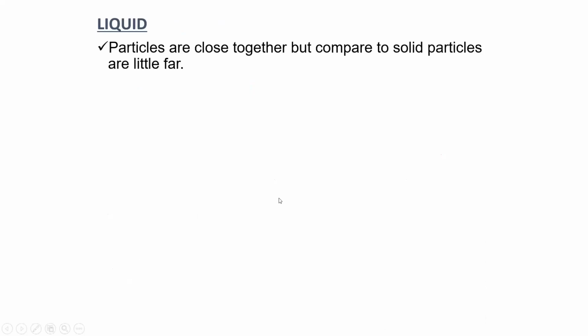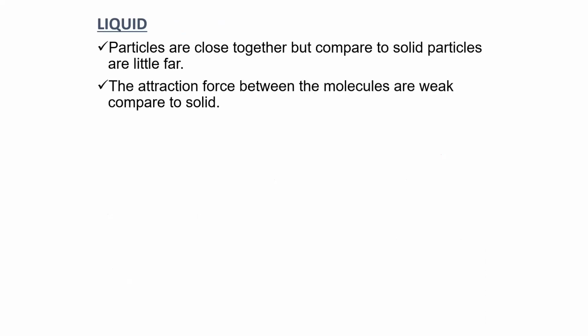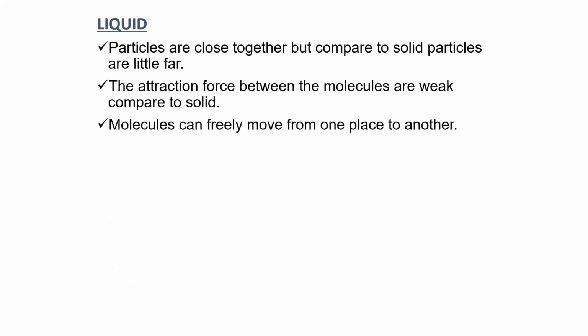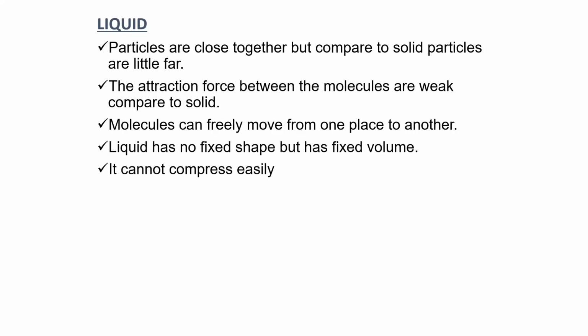Then the second state is liquid. What happens in liquid? The particles are closer together, but compared to solid they are a little far apart, though relatively they are still close. The attractive force between the molecules is weak compared to that of a solid. The molecules can move from one place to another or move past each other, and a liquid does not have a fixed shape, but it always has a fixed volume.